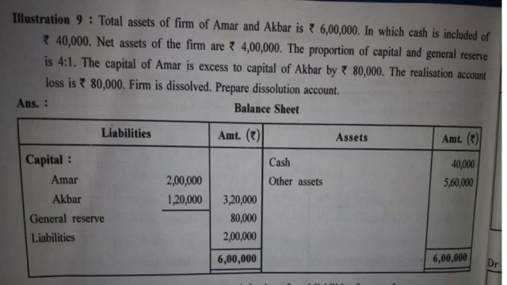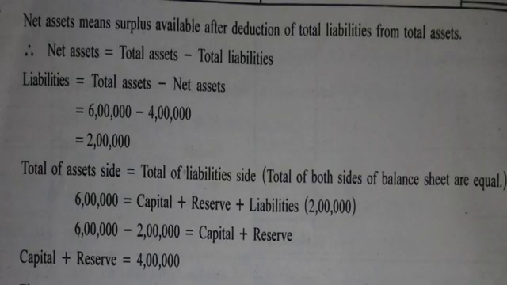Now talking about the remaining capital and general reserve, we have to find out the amount for that. So let us understand that first. The total of the asset side equals the total of the liabilities side. Obviously, the total of both sides of the balance sheet is always identical.